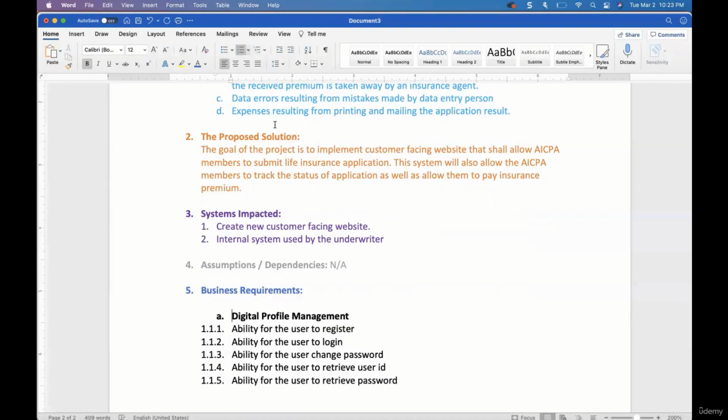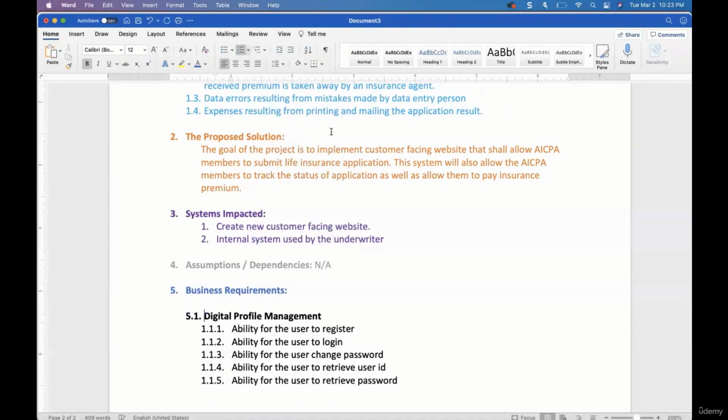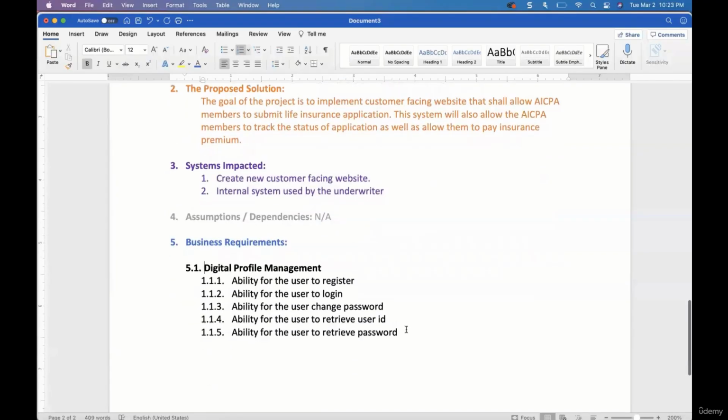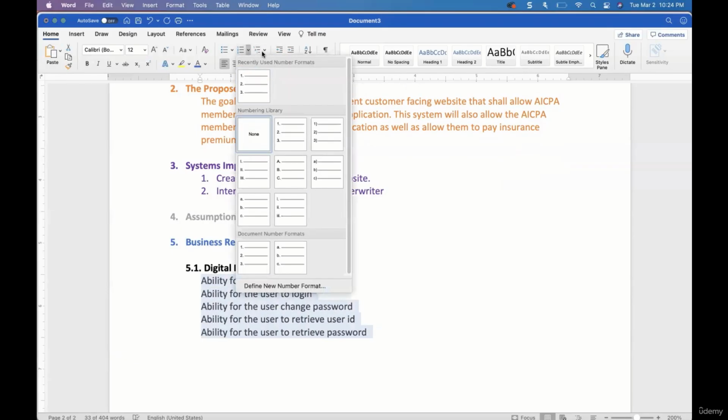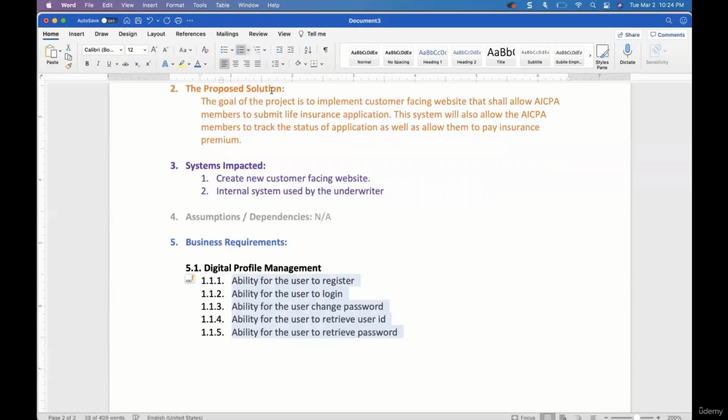So whenever you're writing your business requirements, it is important that you use the right numbering so it makes sense to everyone. There we go.